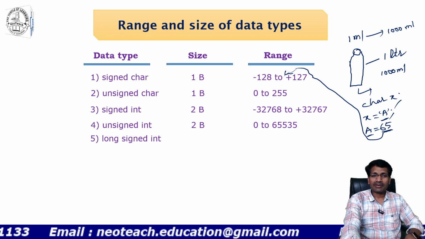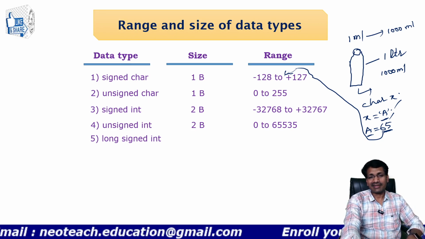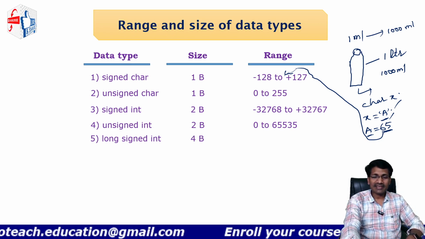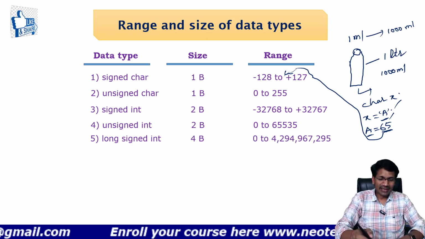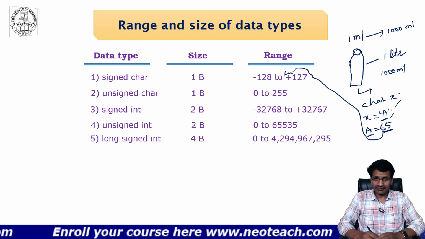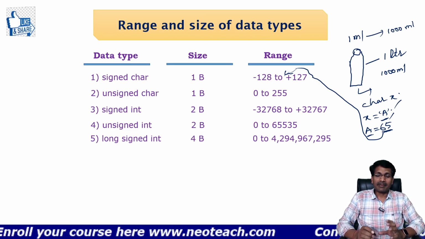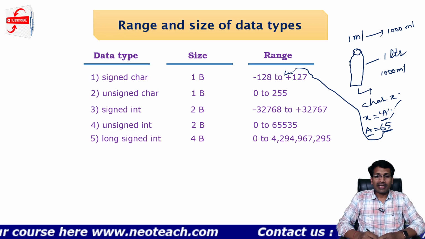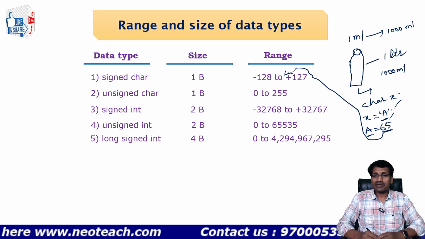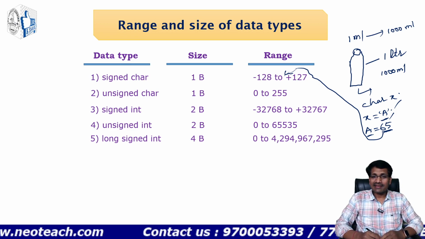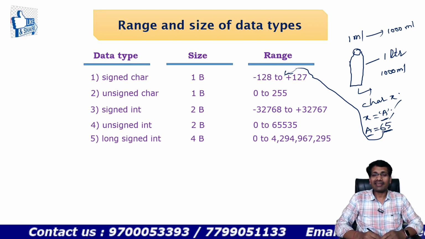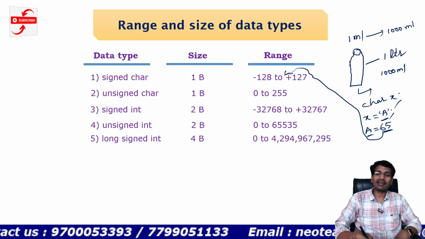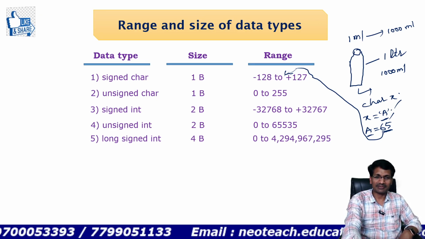And the next one, the long signed integer, has 4 bytes of memory capacity, meaning size, and it can store 0 as a minimum value. The maximum value it can store is 4 billion 294 million 967,295. Such a large value we can also store in that variable.